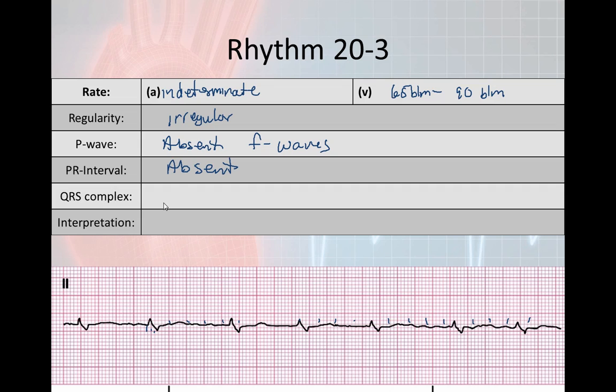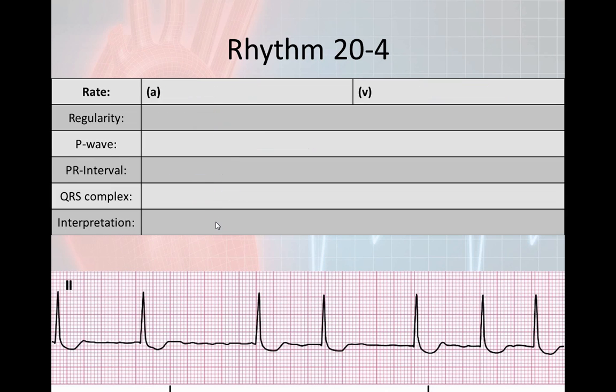So they're right at 0.12 second. So they're borderline wide. I would still do a 12 lead on this because a person's in Afib and there's almost a borderline wide QRS complex. I'd want to find out why that is. Interpretation, controlled Afib.